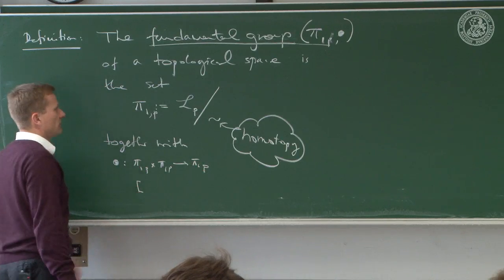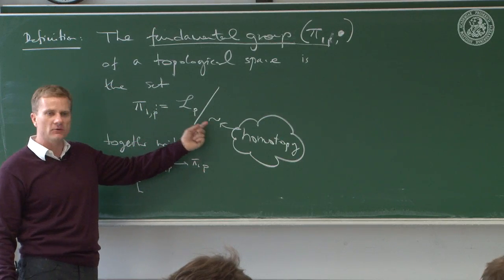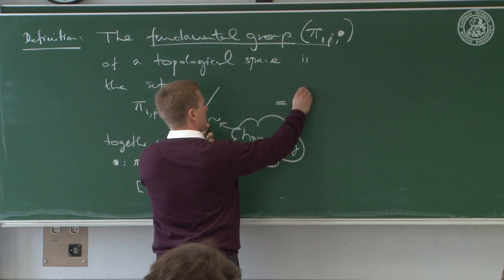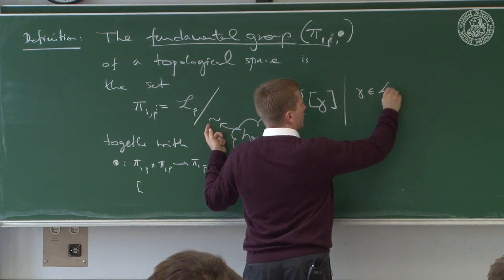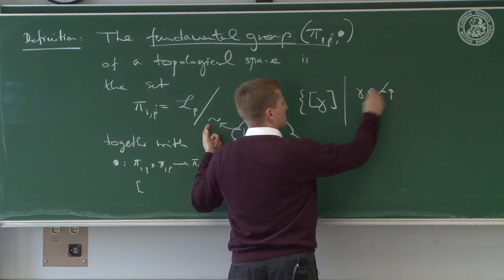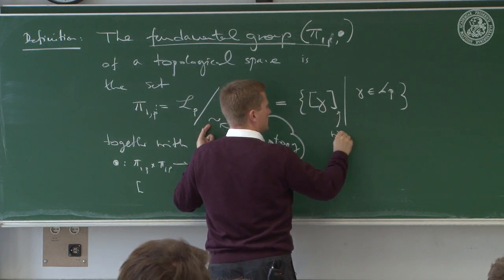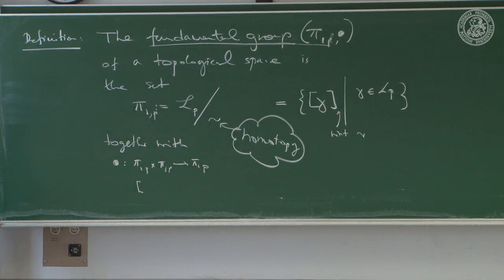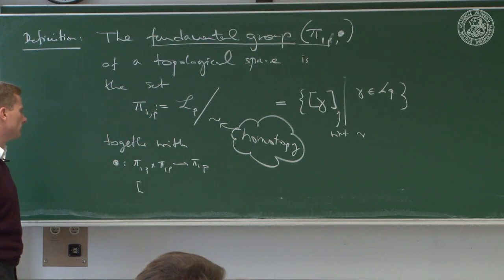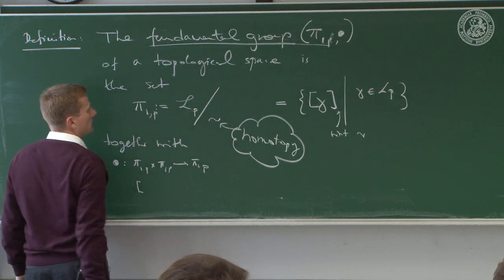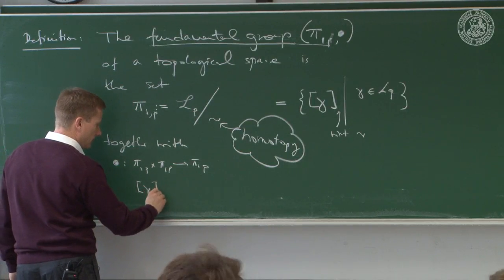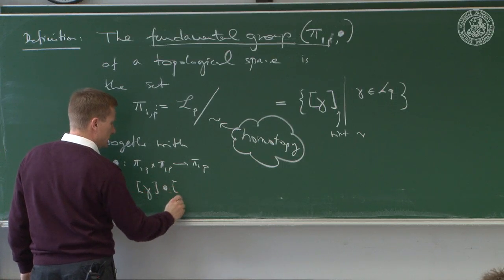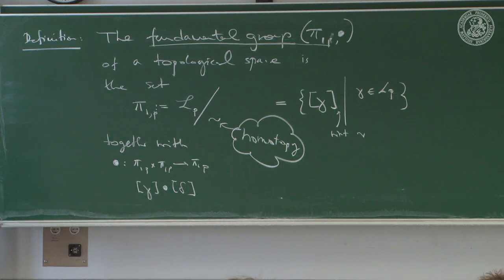And so pi 1 consists of equivalence classes of loops, because this is a quotient space. The quotient space is, of course, I remind you, the set of all equivalence classes of loops. So gamma in L_P, and this is the equivalence class with respect to the homotopy twiddle. But that's just a reminder. This says it all. And so because the fundamental group is a quotient space, if we establish the blob operation, we might want to do this by representing the individual loops at the point P by actual loops.